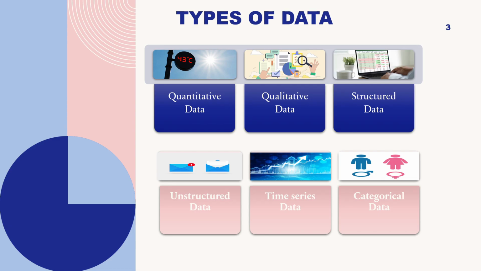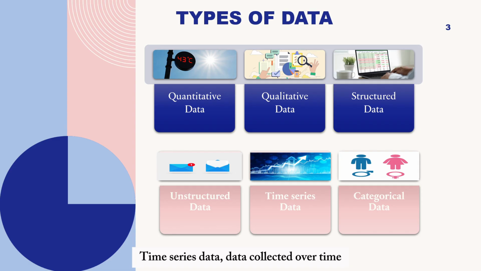Structured data. This is data organized in tables or databases. Easy to search, easy to filter. Example is the popular Excel spreadsheet. Unstructured data. This is data with no fixed format, like emails, images, audio, or social media posts. Time series data.